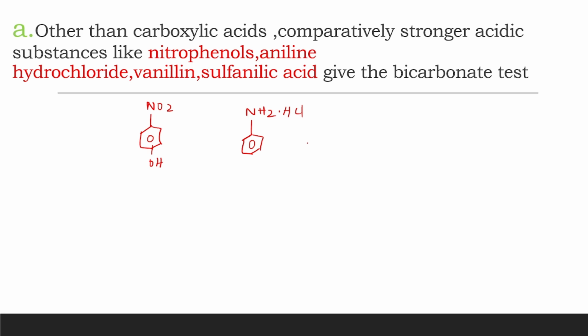And here sulfanilic acid, that is NH3 plus SO3 minus. And here vanillin is a benzene ring with OH and OCH3.